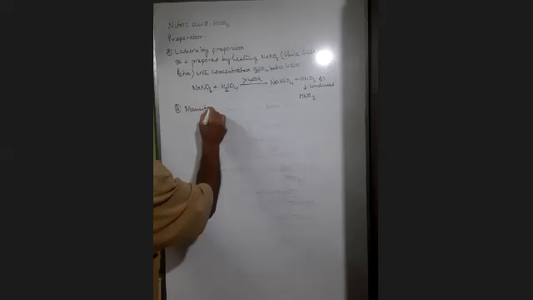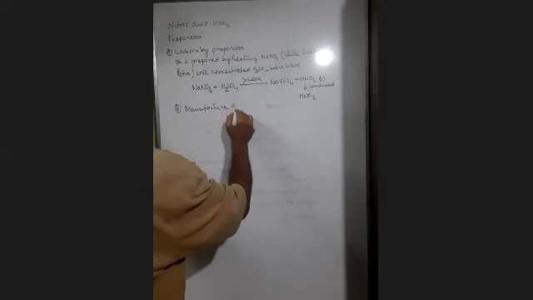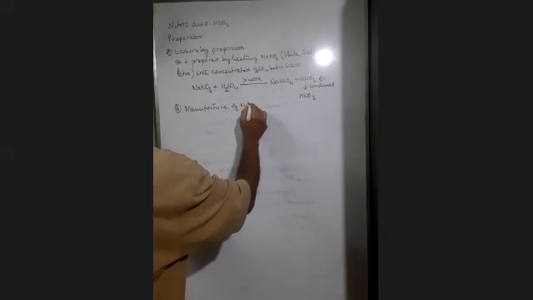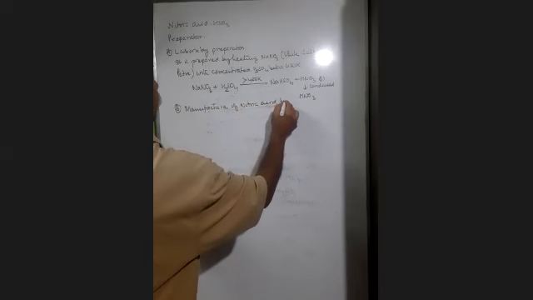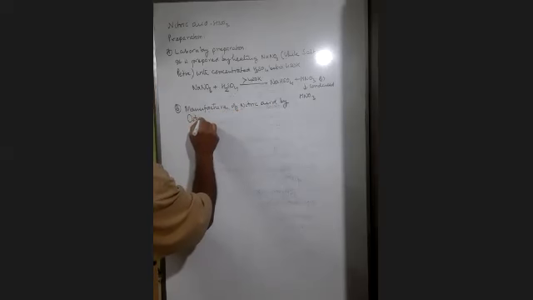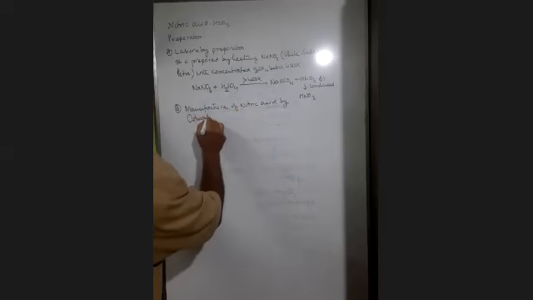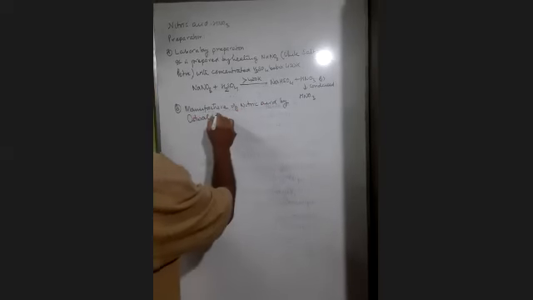So now we'll go for B, manufacture of nitric acid by Ostwald process.